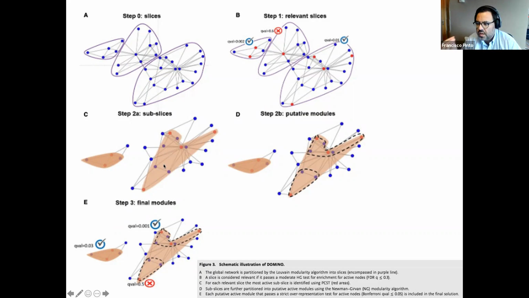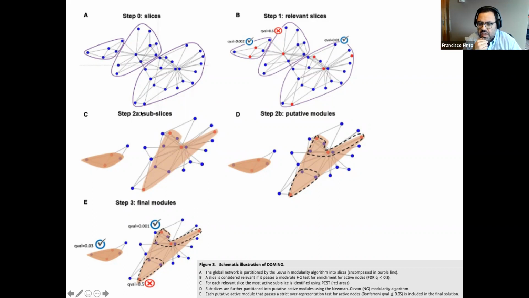So each node has a value coming from the experimental result, change in expression, for example, and it tries to build the minimal subnetwork within this slice that contains the significantly changed genes and includes the minimum set of other genes that also have the highest possible changes in the experimental results. Maybe not significant, but the highest possible changes.